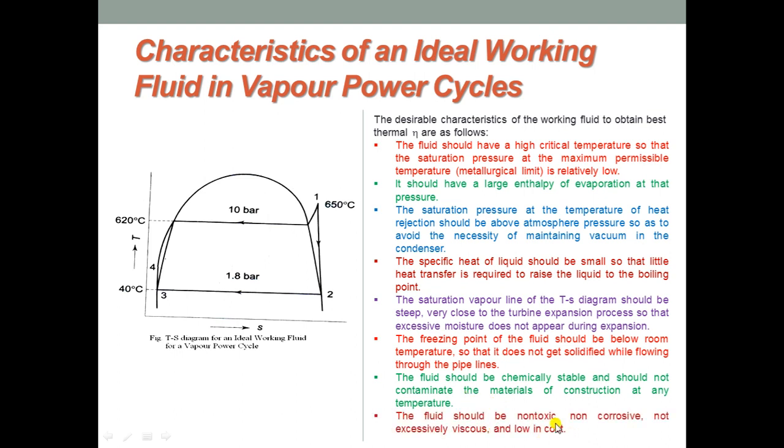The fluid should be non-toxic, non-corrosive, not excessively viscous and low in cost. So, these are some of the desirable characteristics of working fluid to obtain best thermal efficiency of a Rankine vapor power cycle.